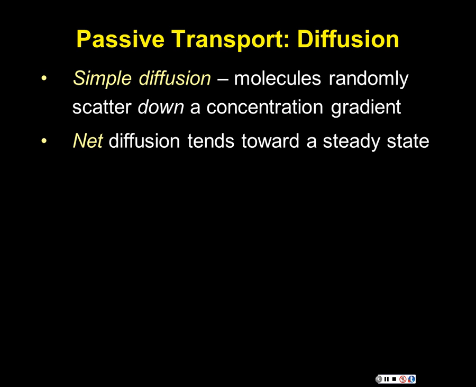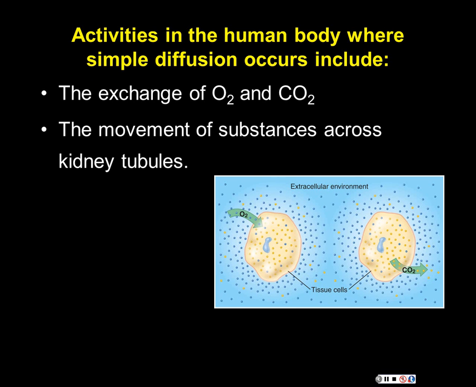The next image just gives you a visual, like we saw with our simple diffusion experiment with the dyes in the agar. We saw the particles scattered. If we had let it run overnight, the bulk of, if not all of that agar would have been colored blue or yellow. So, as illustrated, our respiratory gases, oxygen and carbon dioxide, can simply diffuse, which is good.